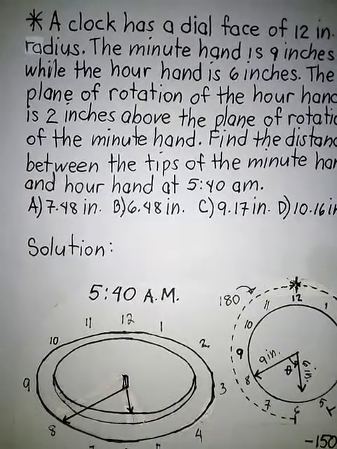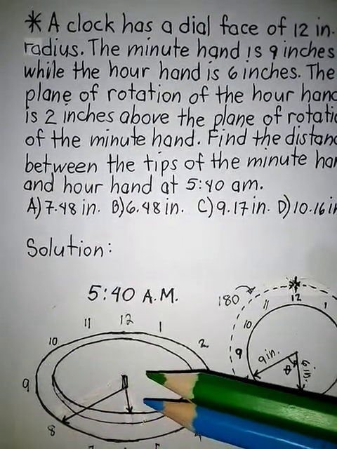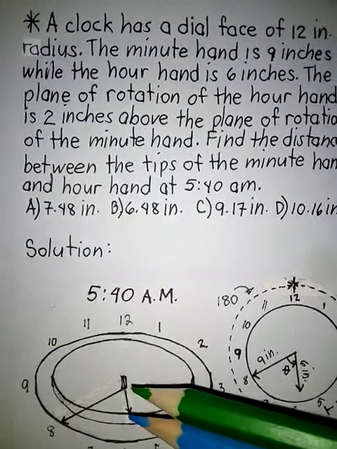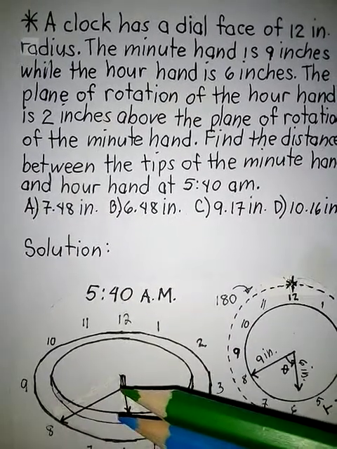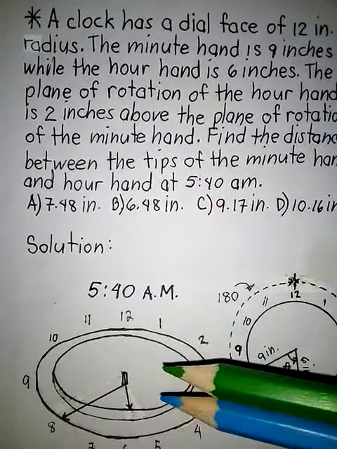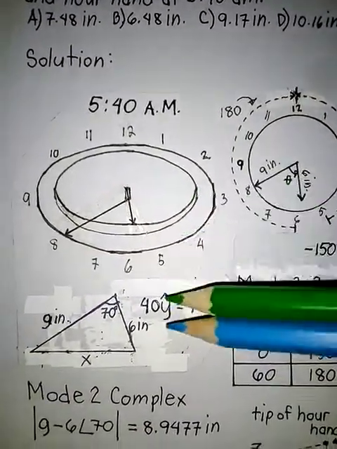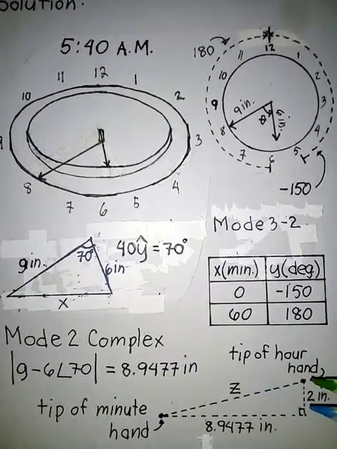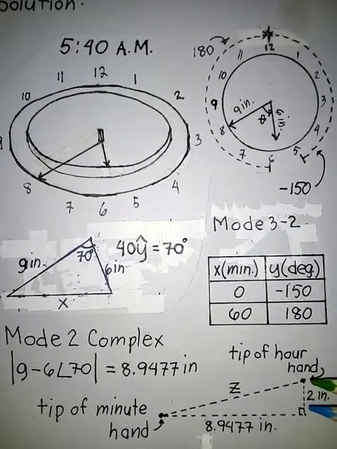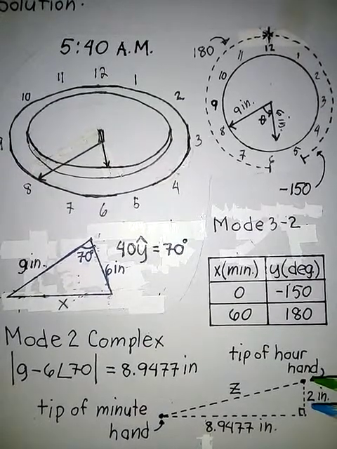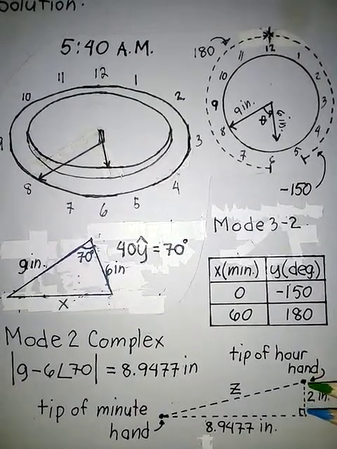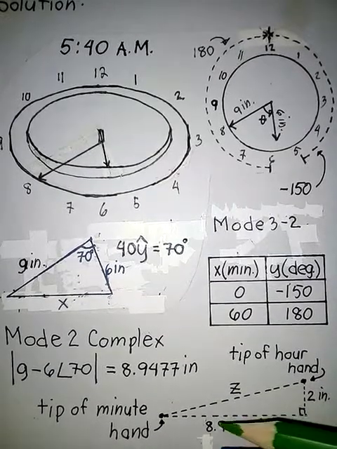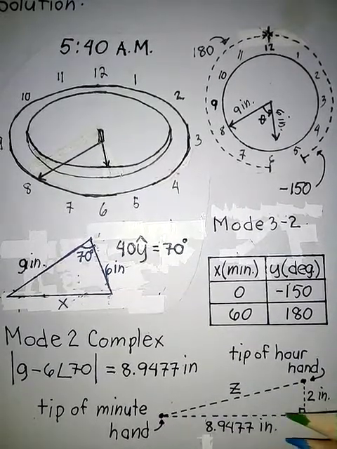So in this figure, this is the 2 inches, or the distance of the hour hand from the plane of rotation of the minute hand.